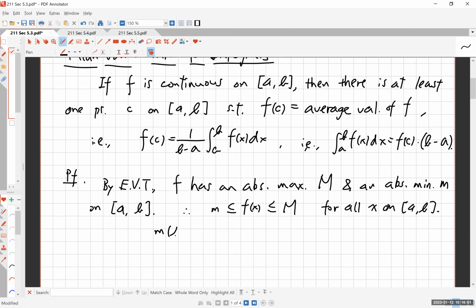Okay, so I can multiply all of these by b minus a, which is a positive number. Oh, you know what? Let's not do that.